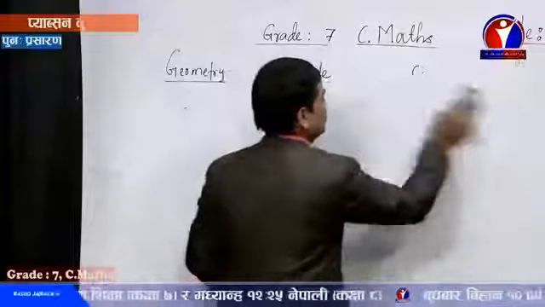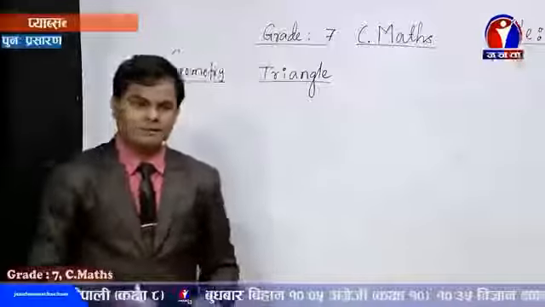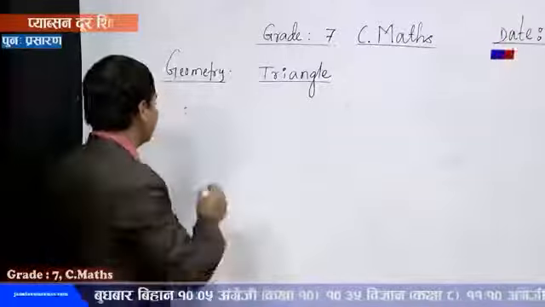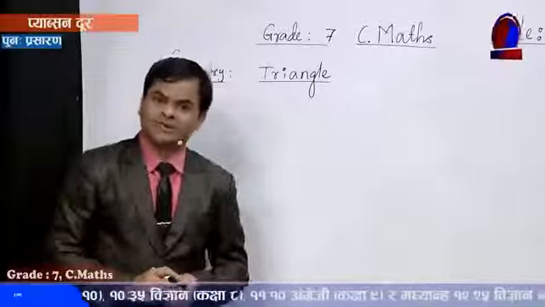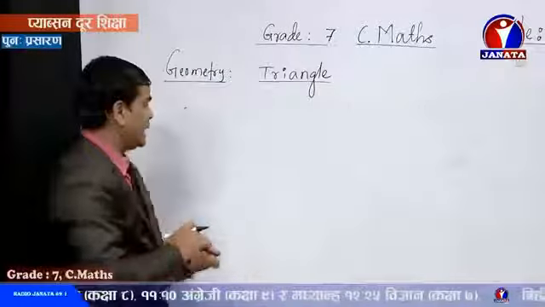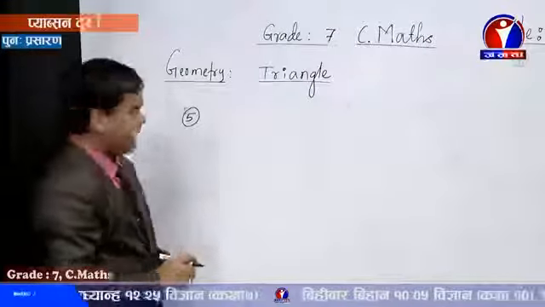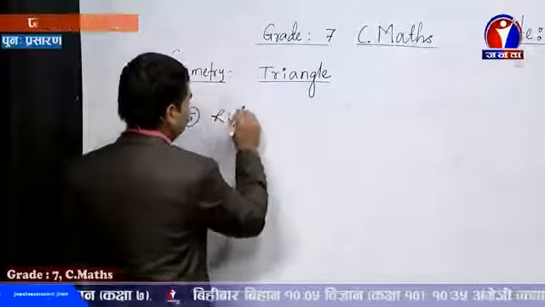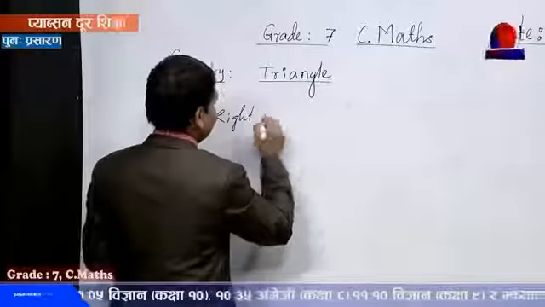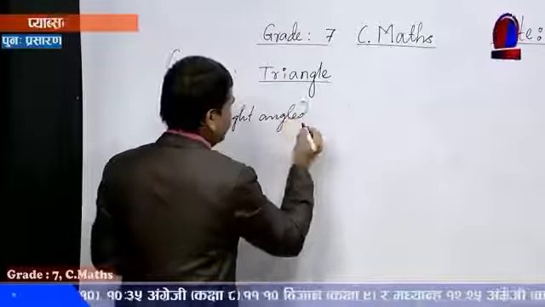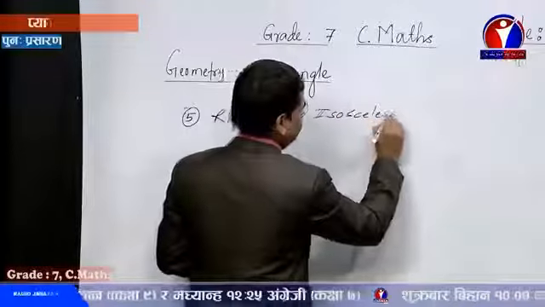Now, dear students, generally people won't treat the 5th type of triangle as a type of triangle, but I also want to clarify: when the right angle triangle and isosceles triangle are combined together, mixed up, at the time another type of triangle can be formed as the 5th. The properties of the right angle triangle will be there, plus the properties of the isosceles triangle will also come, as a right angle isosceles triangle.